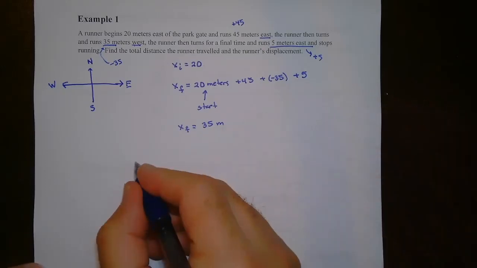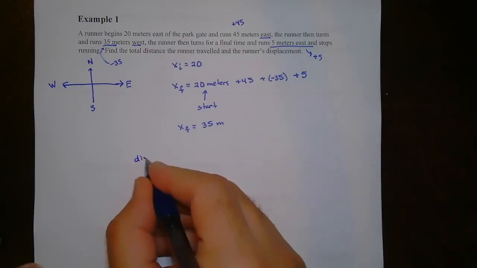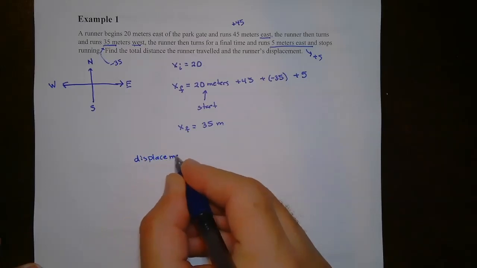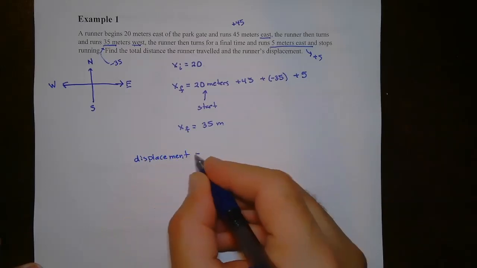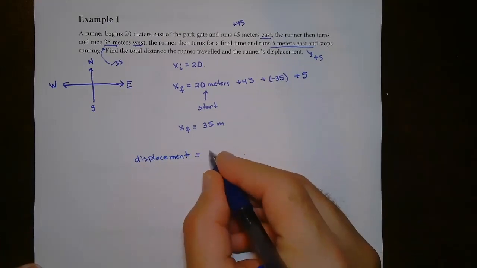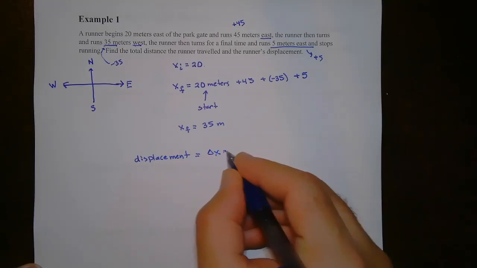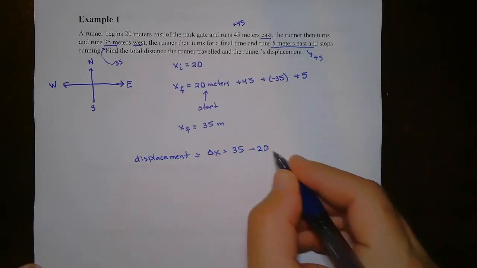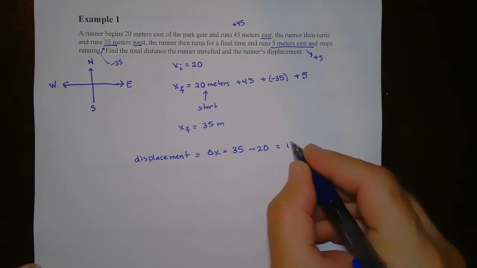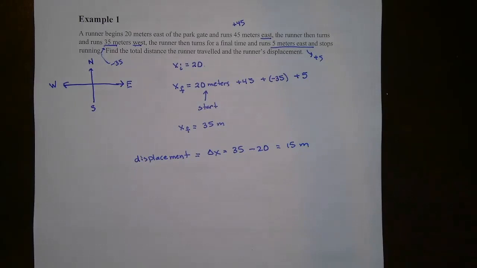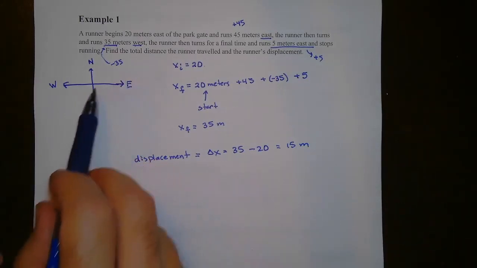So what's my displacement? My displacement, the net change, sometimes that's what this is called too, would be x of f, or my delta x, which is 35 minus 20, which gives you 15 meters. Okay, so we're 15 meters to the east of the gate.